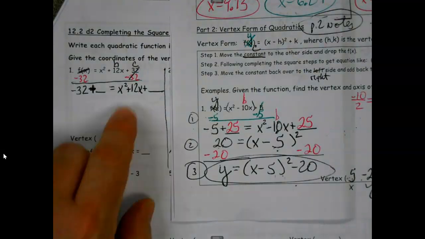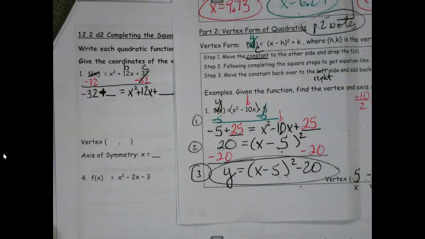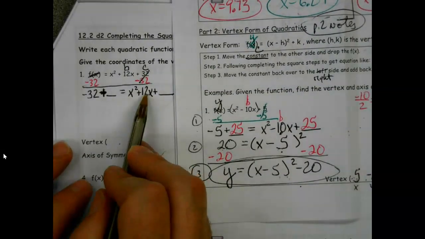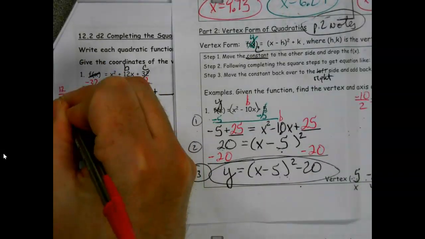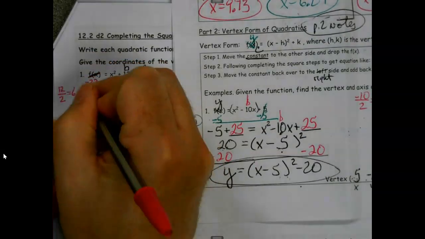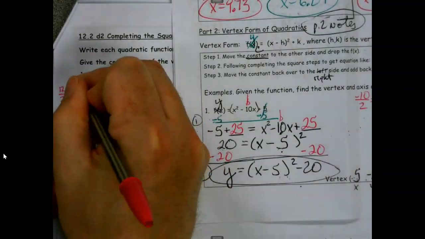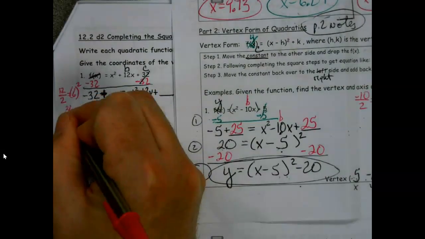So reminder, when I'm trying to figure out the blank, I'm going to try and do that on my edge over here. We're going to take your b value, whatever number's in front of x. We're going to divide that by 2. We're going to cut it in half. And whatever answer we get, we're going to square it in parentheses so we get a positive number out.